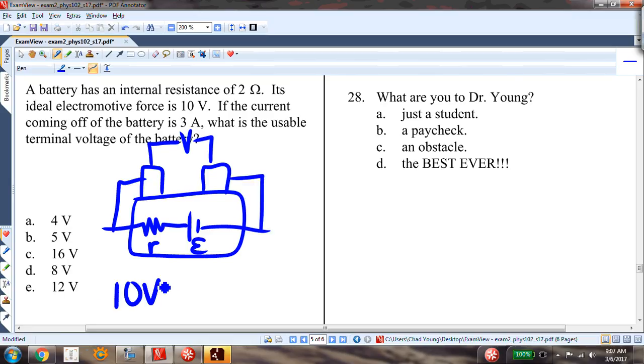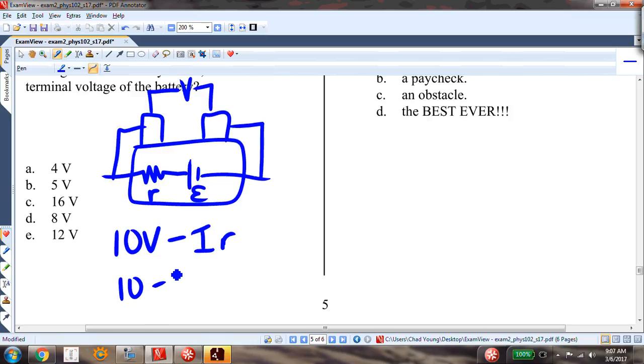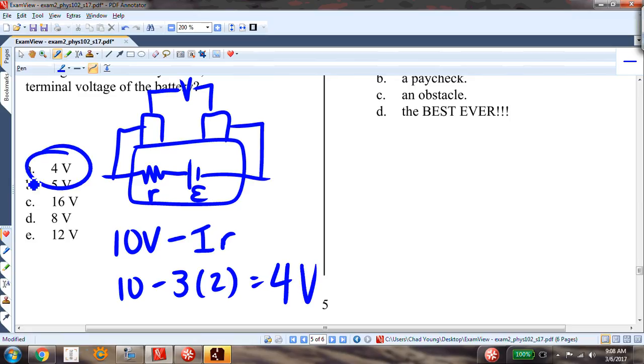It's going to be 10 volts, that's the EMF, minus I times R, 3 times 2. So when you get a big internal resistance, you begin to lose the voltage of your power supply.